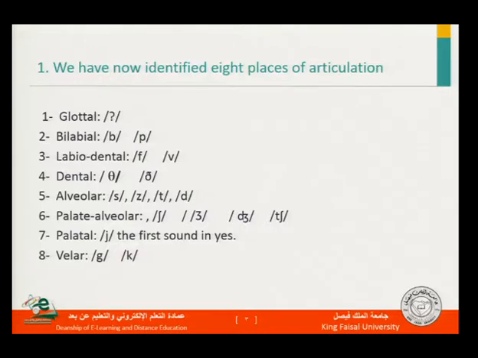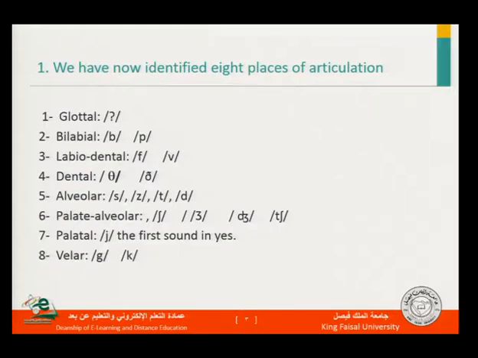I would like you to know that the last two, the first of which is the j, are called affricates. This sound, we call it affricate. And the ch is also an affricate. So j is an affricate, and ch is also an affricate. I'm talking about item number 6. The first is sh, which is a fricative.